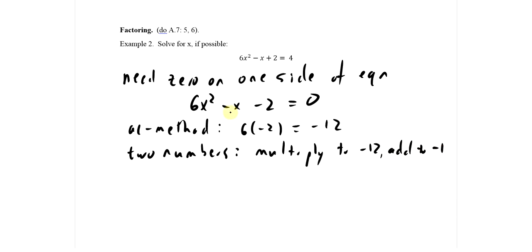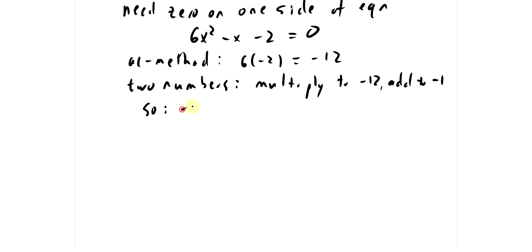Because the coefficient of x here is a minus 1. So multiply to give you minus 12, add to minus 1. If you work that out a little bit, the only option that really works is minus 4 and 3. Minus 4 times 3 is minus 12. Minus 4 plus 3 is minus 1.